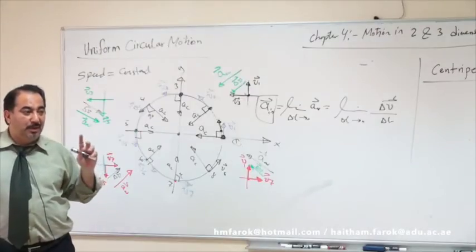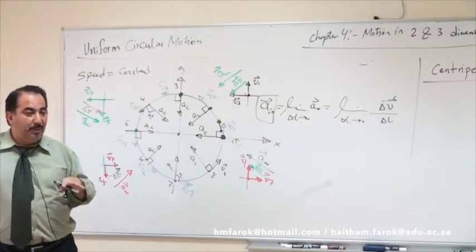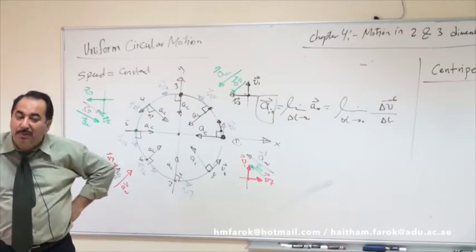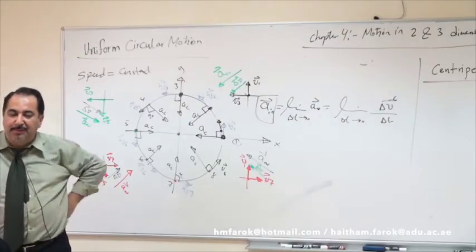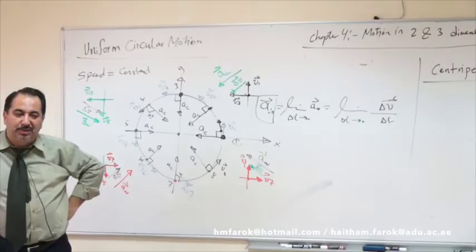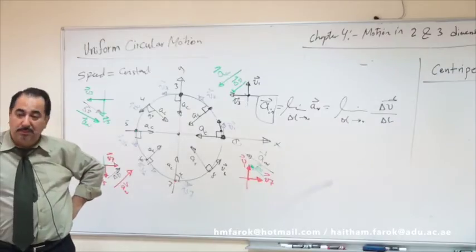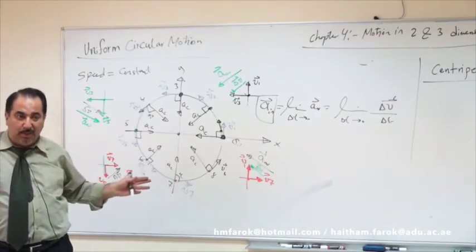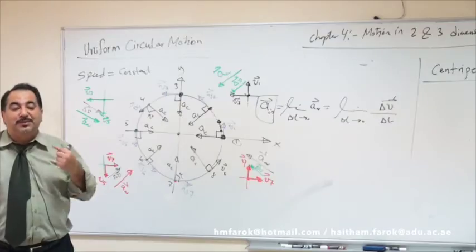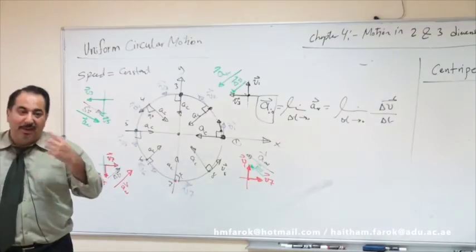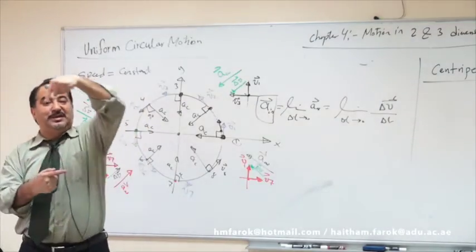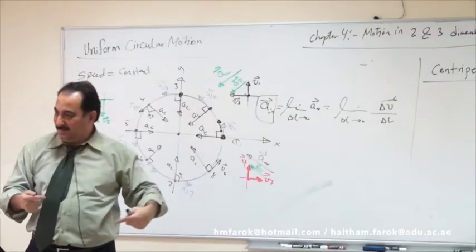Does it point in the same direction all the time or does it change? I want to hear. How come the same? As a vector, it always points to the center, but it points in different ways, yeah?